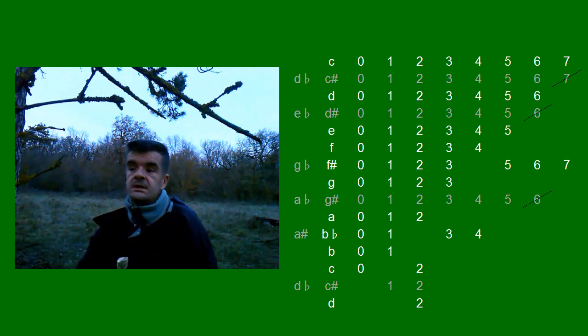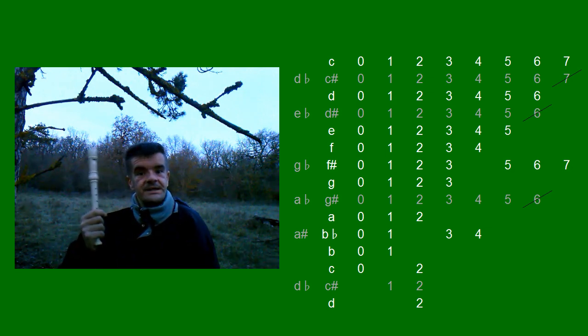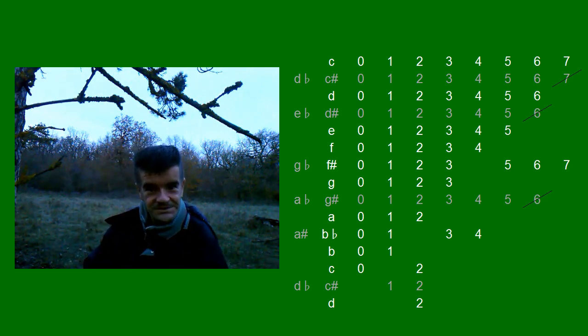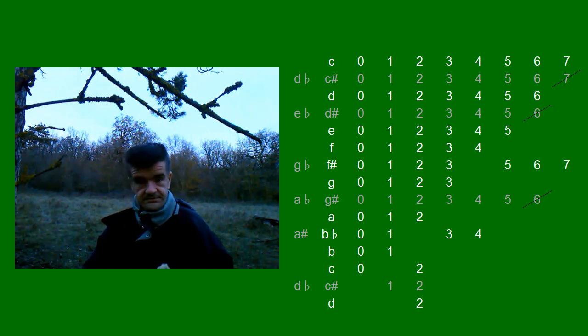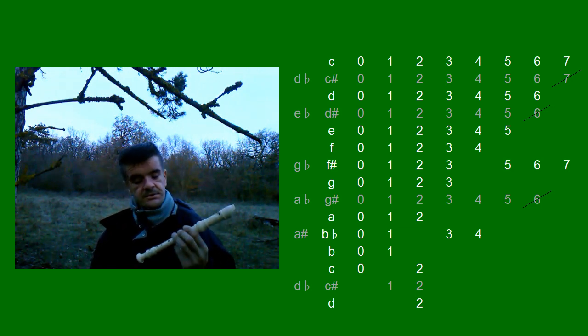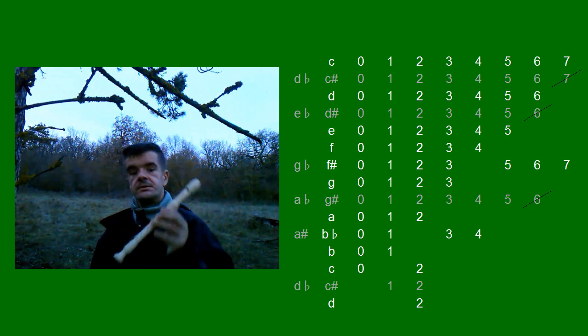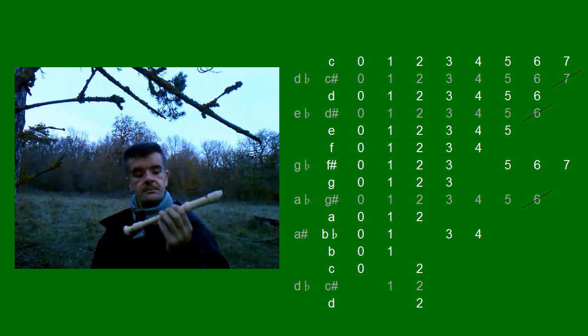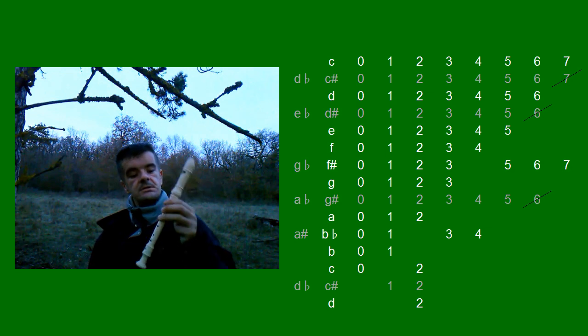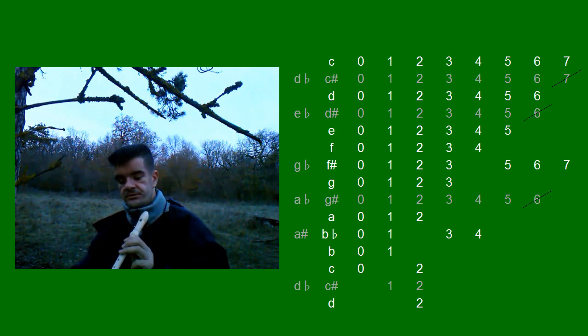And now we are talking about the second part, how to make the sounds with the recorder. The first thing I have to mention: you hold your recorder generally in your left hand. You hold those first three holes.